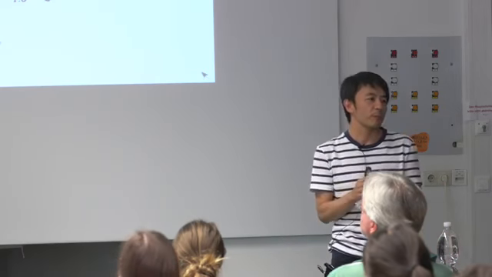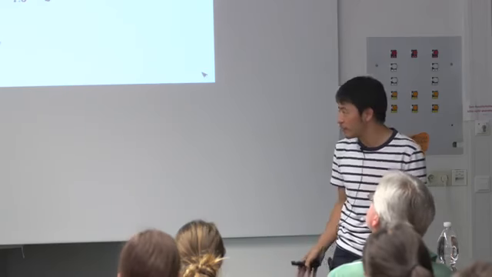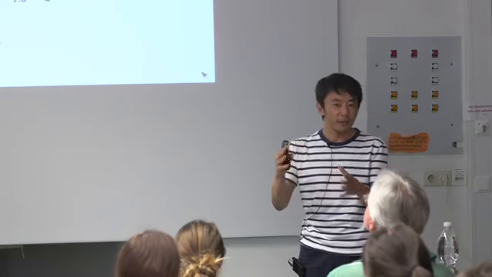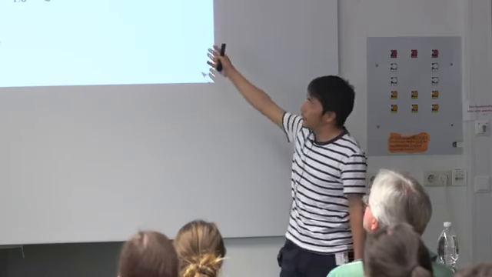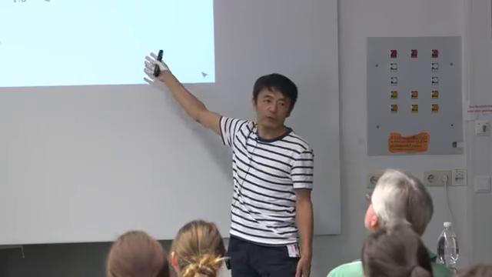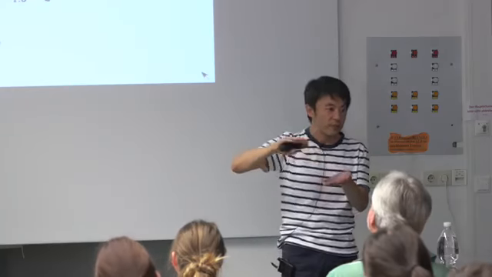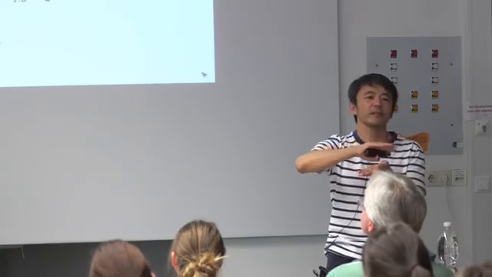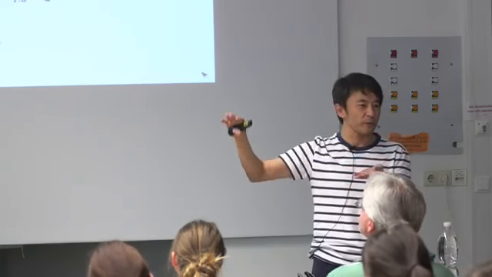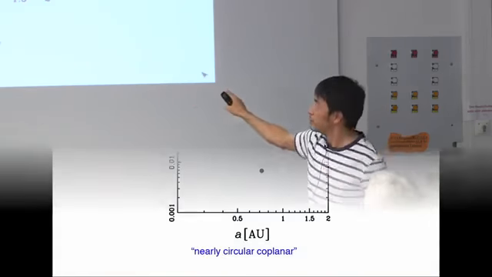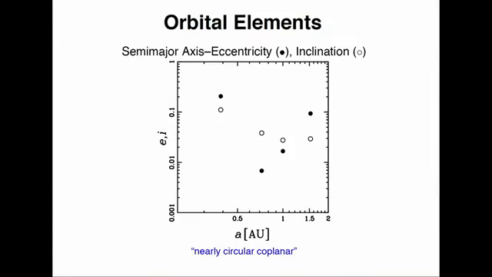That means the terrestrial planets' orbits are nearly circular, and the mutual inclination is very small, so coplanar. In this figure, the inclination is measured from the mean orbital plane of the solar system, called the Laplace plane. So the orbits are very neat and well organized.